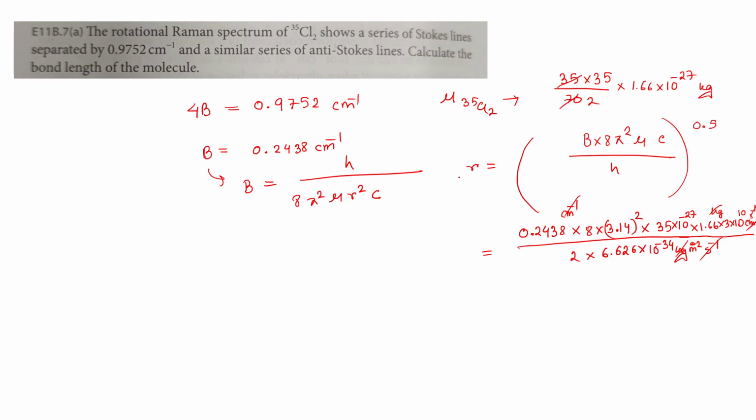Yes, actually I have taken this thing as wrong. R will go here, B will come. So I can take the reciprocal of this also, not to worry, to the power minus 0.5, which will give me the answer.